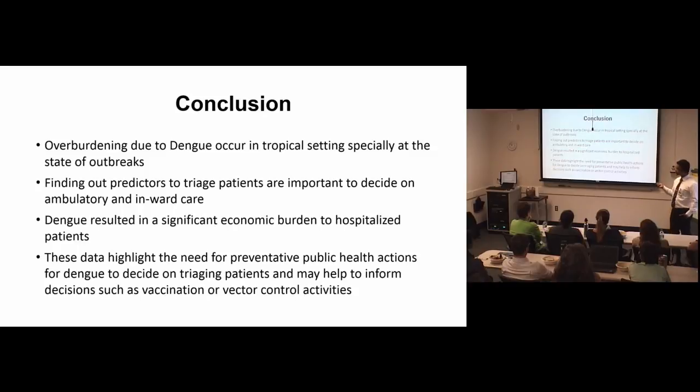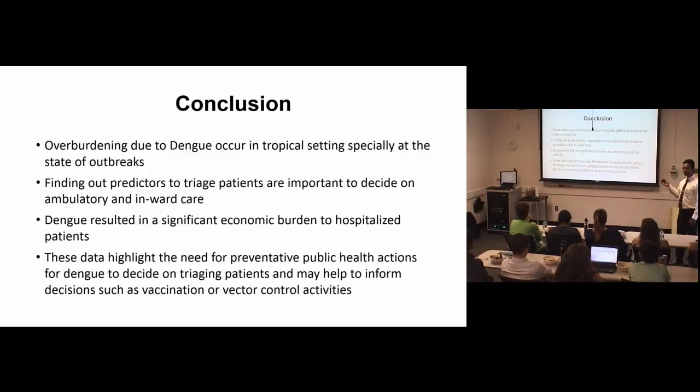So the conclusions: there's overburdening in hospitals in Sri Lanka and other tropical countries due to dengue. And also we should find out predictors to help take important decisions to see which people need inward care, which people need ambulatory care. And then we have to define what is the economical burden that we are having. We didn't have any figures earlier.